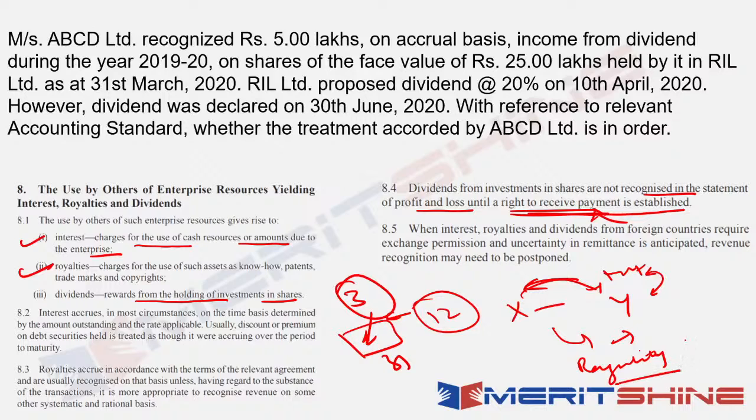The royalty will not work that way. It will happen per volume. Yes, that is the change. You will ask what is the difference between use of cash resources and amounts due to the enterprise. Interest accrues in most circumstances on a time basis, and royalties accrue in accordance with the terms of the relevant agreement. So what is the difference here?